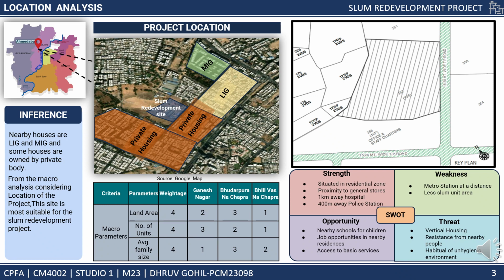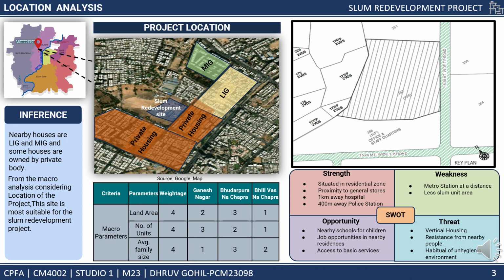The site is situated in Ahmedabad, as you know. As shown in the image, nearby houses are LIG and MIG, and some houses are owned by private bodies. The macro parameter table shows that the land area of our slum redevelopment site is bigger than Budar Purana Chhapra slum area, which is 17,751 square meters, Ganeshnagar slum area, which is 5,828 square meters, and Bilwasna Chhapra, which has 4,160 square meters.